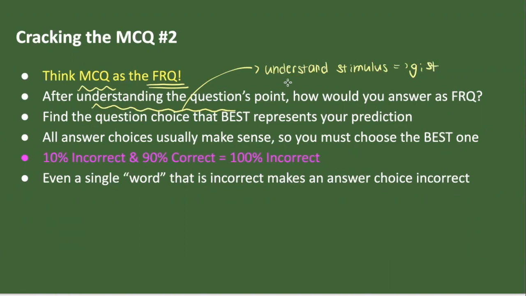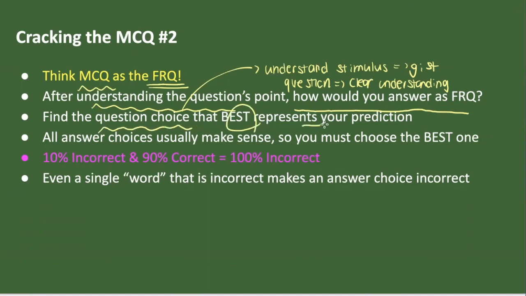And by reading the question, you now have a clear understanding of the question's purpose. I recommend thinking to yourself, how would you answer this as an FRQ? If someone were to just ask you the question, how would you answer it? How would you word it? I highly recommend choosing the answer choice that best represents your prediction.